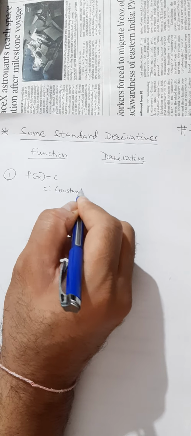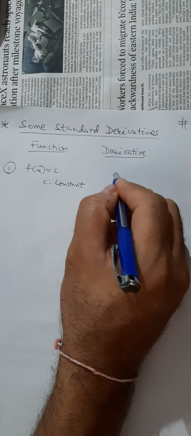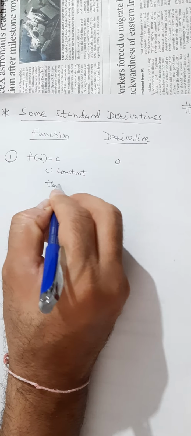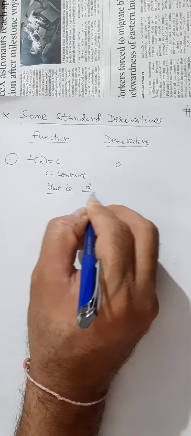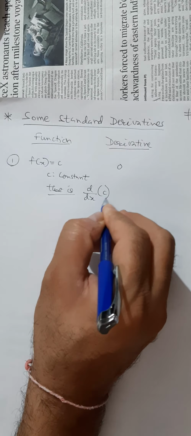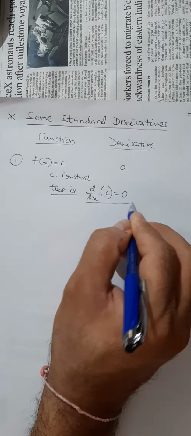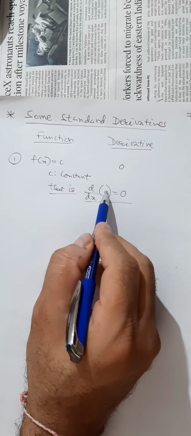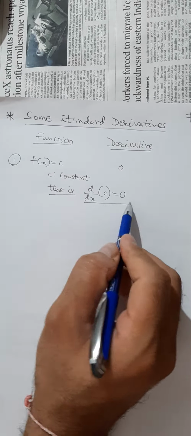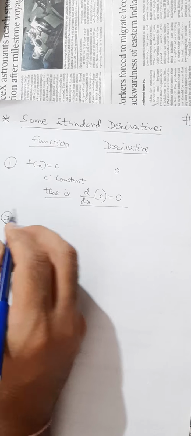You know derivative of any constant is 0. This means d by dx of any constant is 0. Constant means free from the variable. There is no variable here. So derivative of any constant is 0.